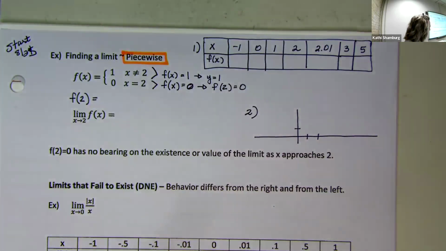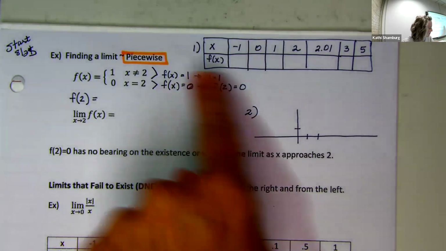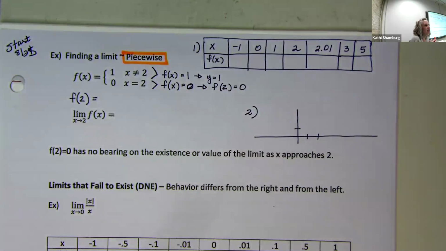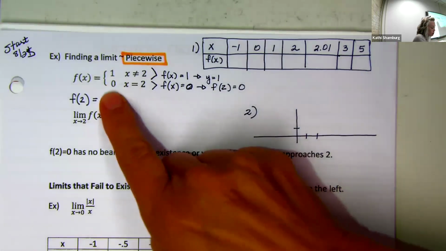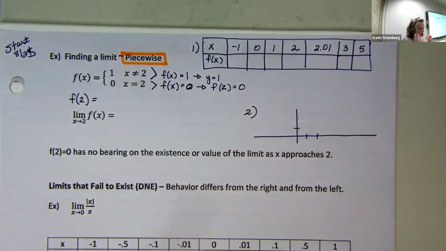Okay. All right. So to kind of get a head start, I wanted you to already get this stuff written down. Now, this is what we call a piecewise graph. It just means there's more than one piece to it. And in this particular one, there's two pieces. You could have examples where there's three pieces.